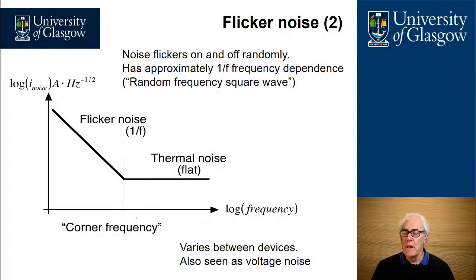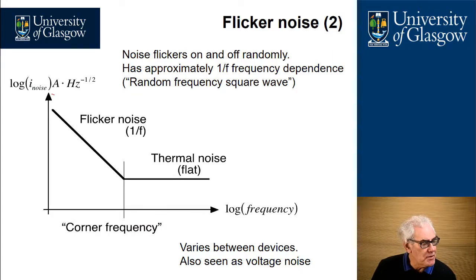The reason it's called flicker noise is that it flickers on and off randomly, very like a candle or perhaps a broken light bulb, and has an approximate 1/f frequency dependence. You can think of it almost as a random frequency square wave.